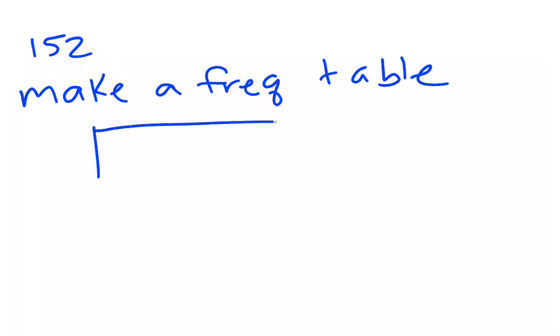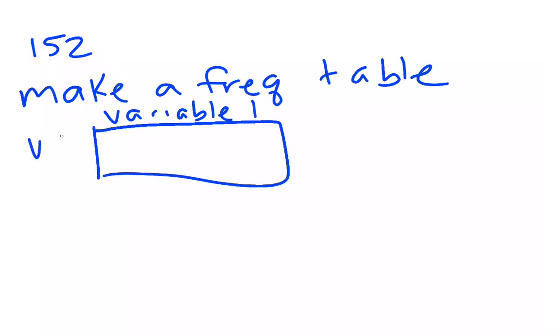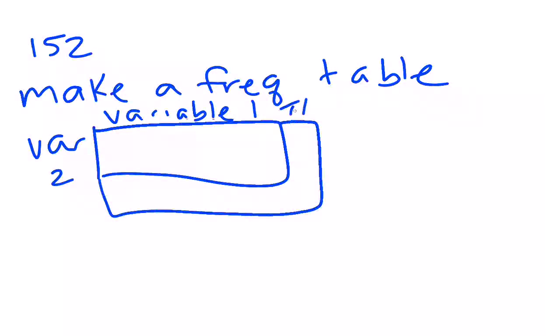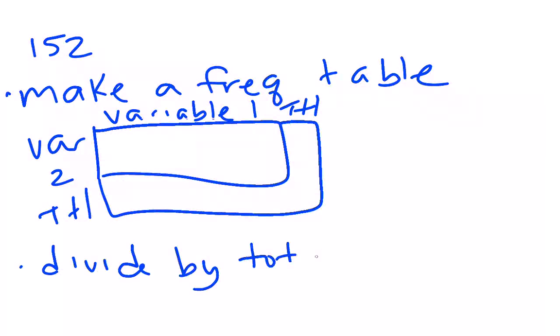So you want to look at variable 1, and then your variable 2 goes on this side, and then at the edge you have your totals for each column and each row, and I get those by just adding. Then I can divide by the total, and that will give me my relative frequency table.